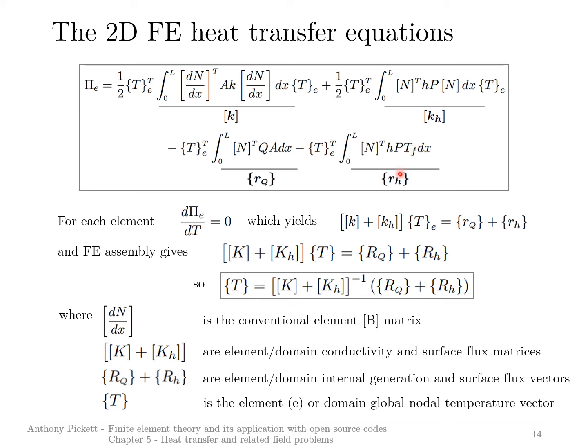So these two are both related to convection flow from the surface. So this is our system of equations. We would use the same standard assembly methods to obtain the total global system, and we would obtain nodal temperatures by assembling this, inverting it, bringing it over to this side and multiplying by the sum of these two vectors here.